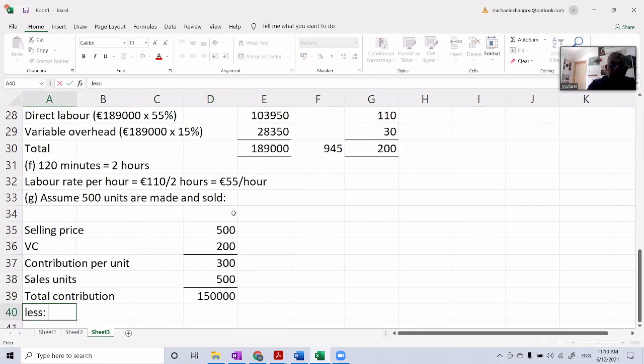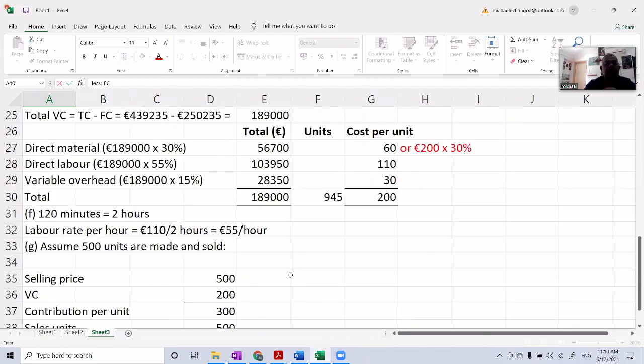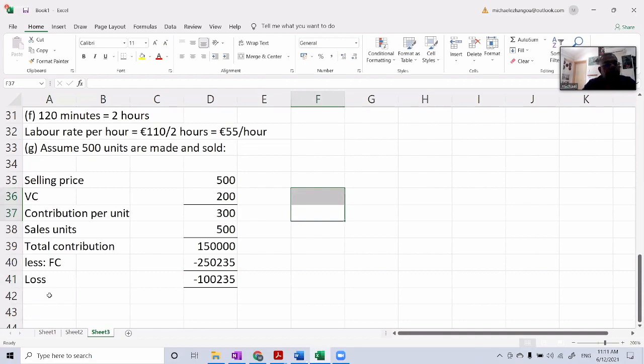Less fixed costs. Now, fixed costs, we worked it out as 250,235. And we actually have a loss of 100,235.